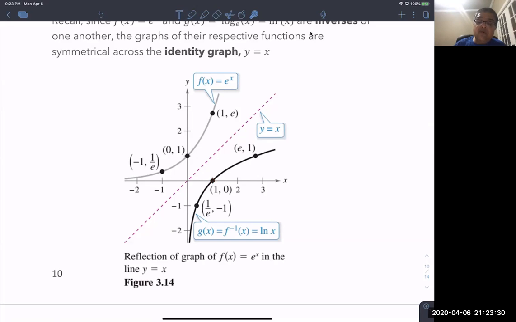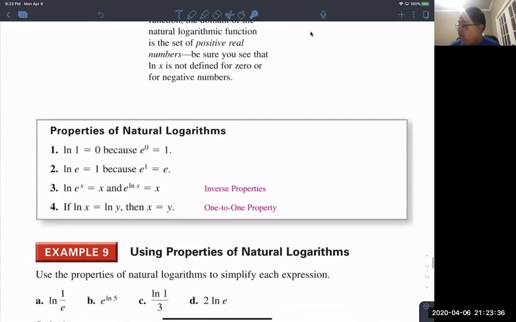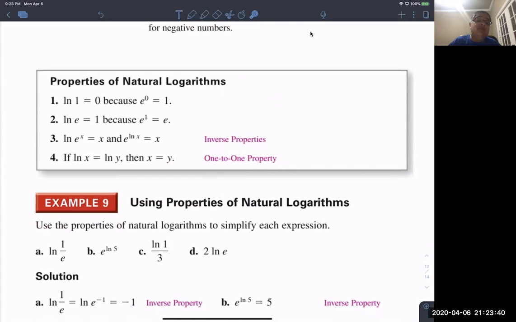And all the properties that are true for every other logarithm are also true for natural logs, because it is still a logarithm. It's just log base e. So don't forget that. Natural log is log base e. So there are 2 special logs that you need to know.